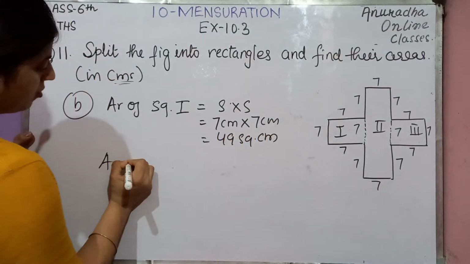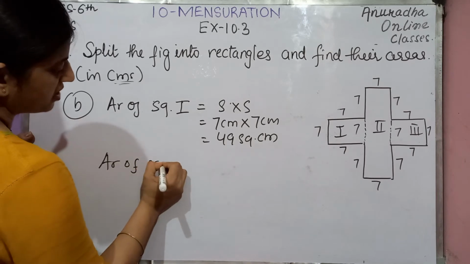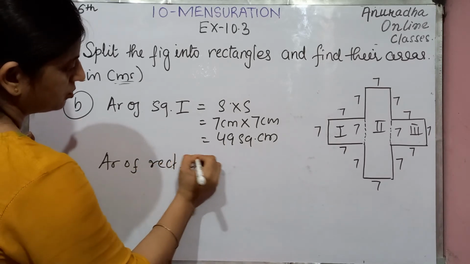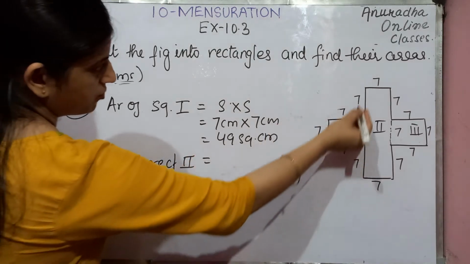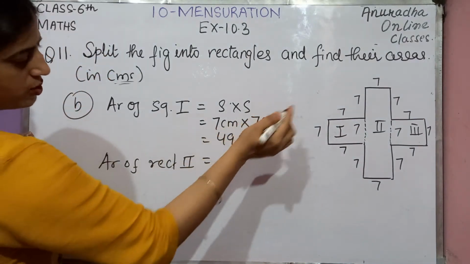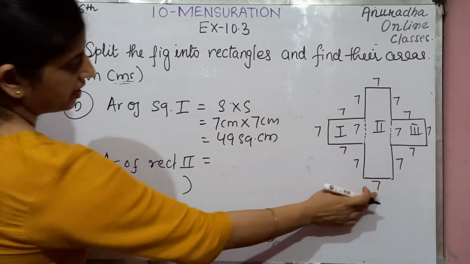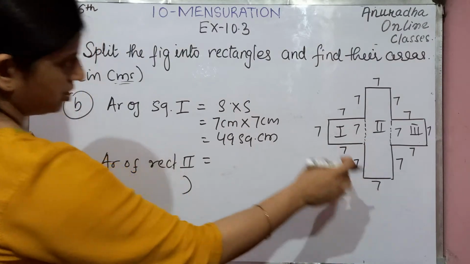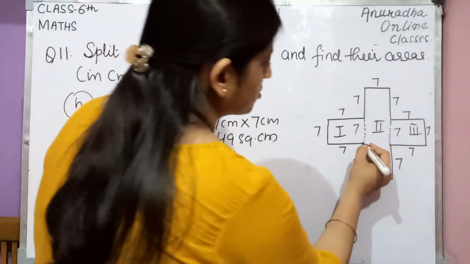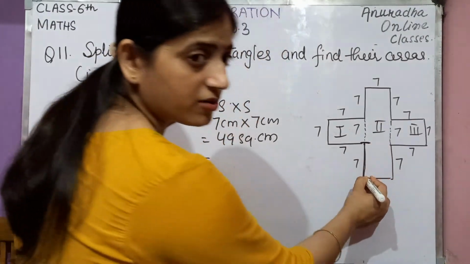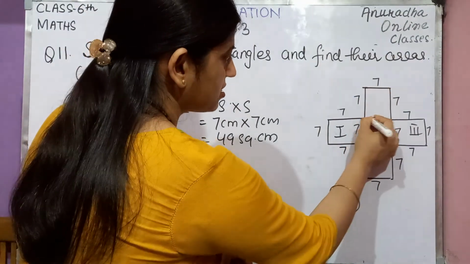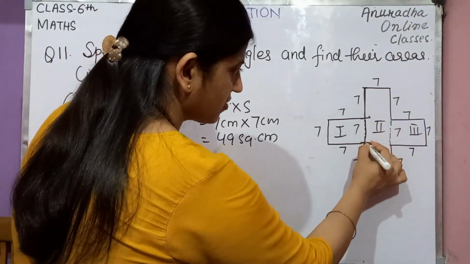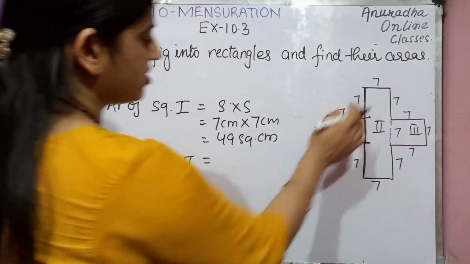Now area of rectangle 2. That is equal to, see, what is the length? What is the length here? See, length is 7 and the total, yes, in this we have to do, see, till here it is 7, okay, till here it is 7, 7, 7, and this one is also 7. So 7 3s are 21.